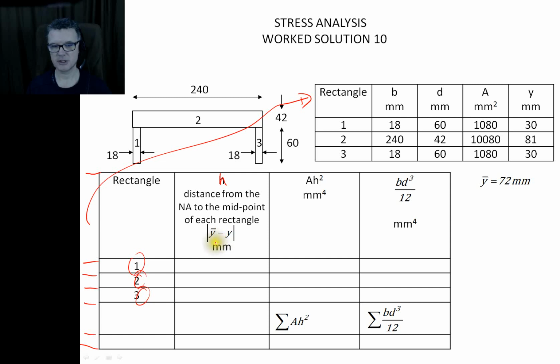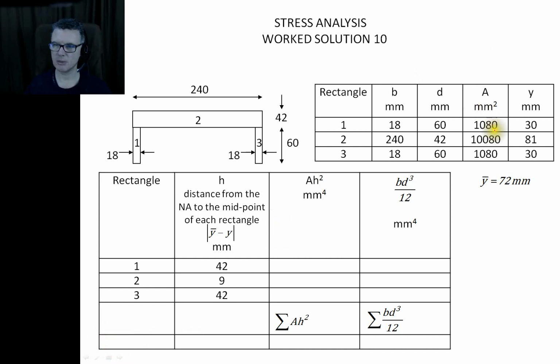It's the difference in distance between the neutral axis and the position of the centroids for the other two sections. A small distance for the top one and quite a large distance for the lower leg sections. So lower leg section 42, top one only a distance of 9 millimeters away, bottom one 42 again.